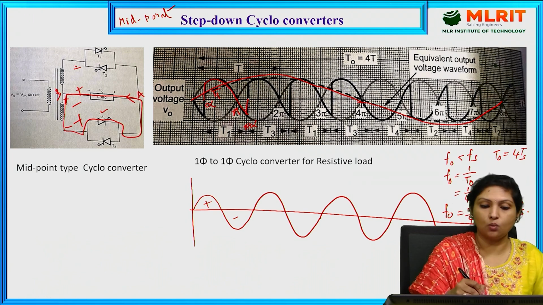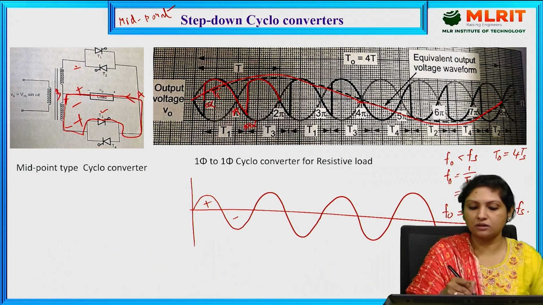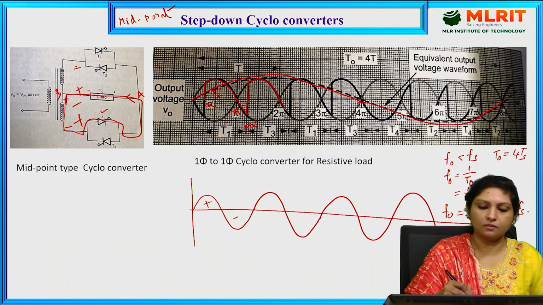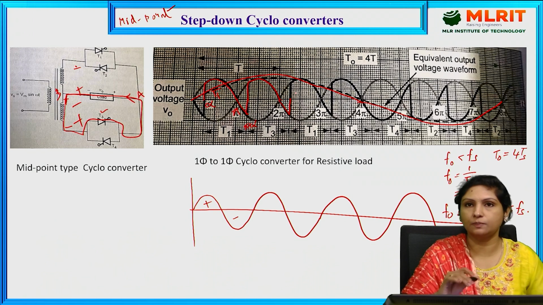That is how we get positive half cycle of the output voltage control till 2 pi, and thyristor 3 is still conducting beyond 2 pi because of the presence of the inductor, as long as energy stored in the inductor is completely dissipated.